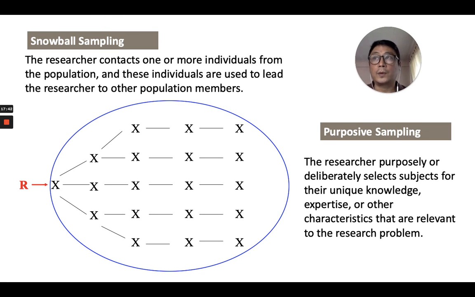Okay, so for example, we're interested in surfers with disabilities, meaning people with disabilities who seriously go for surfing. Okay, so a researcher might deliberately search for people with these unique characteristics. Okay, because those characteristics are central to their research problem.